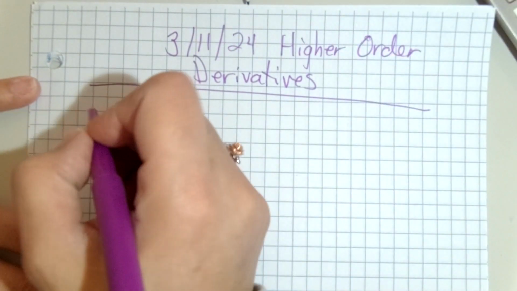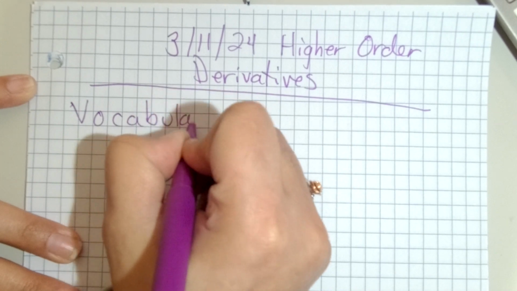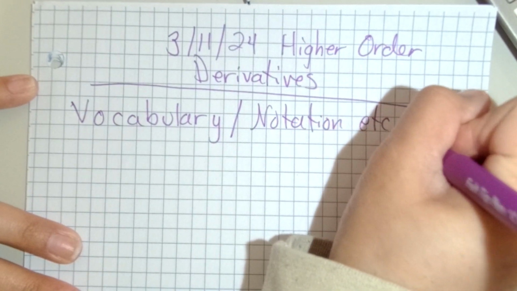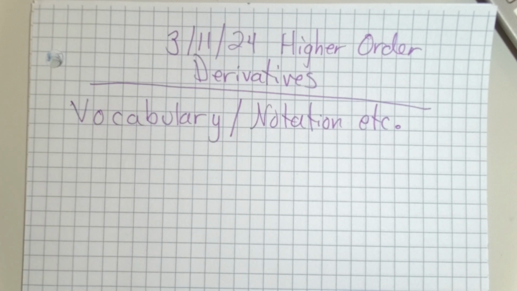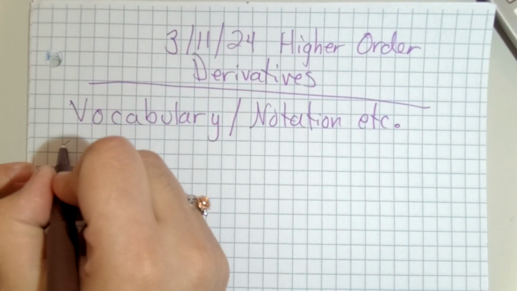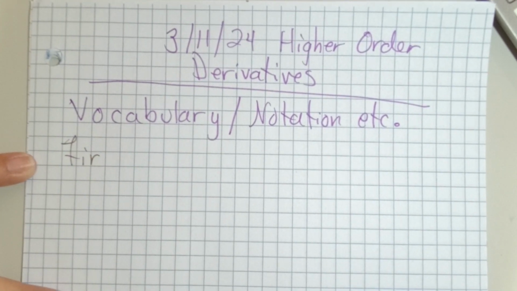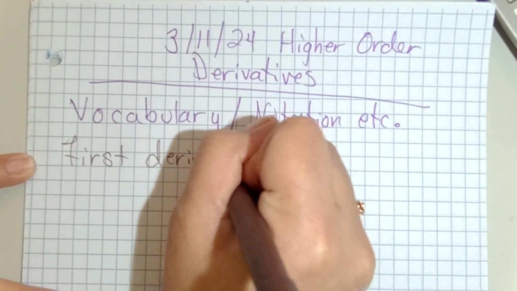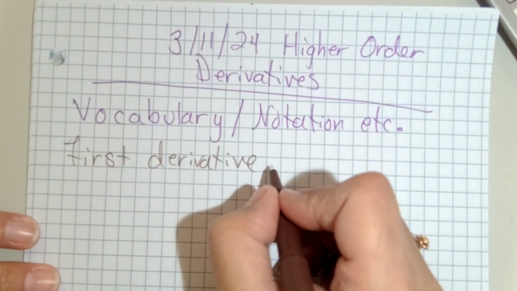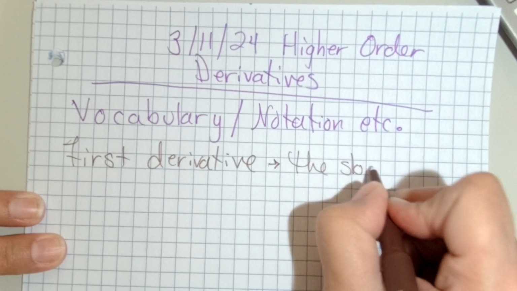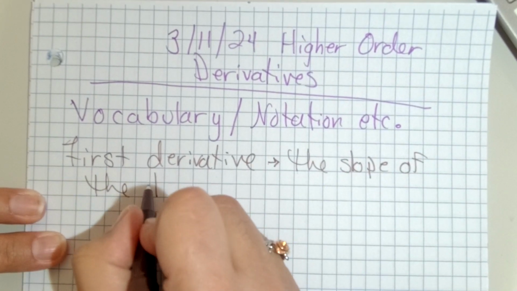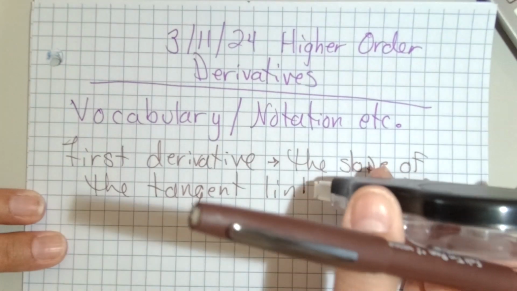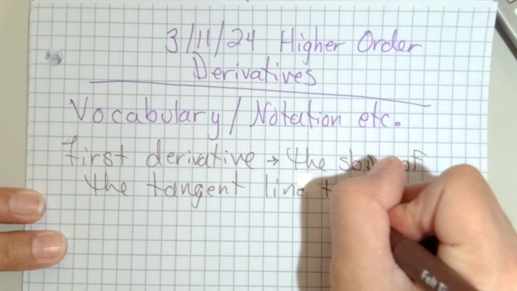Okay, so vocabulary, notation, etc. Remember that the first derivative is the slope of the tangent line to a curve.